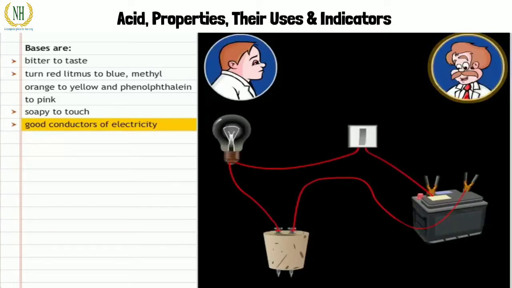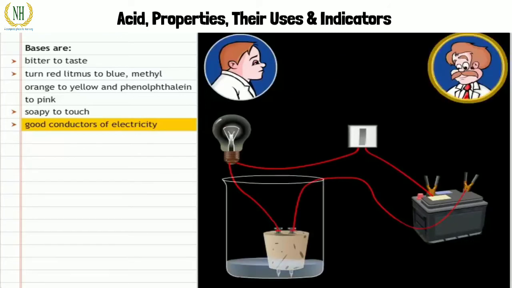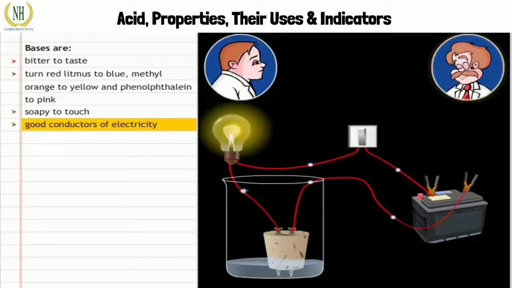Now, we insert this setup into the beaker with sodium hydroxide. Finally, pass electricity through it. We can observe that the bulb glows. From this, we can conclude that bases conduct electricity.